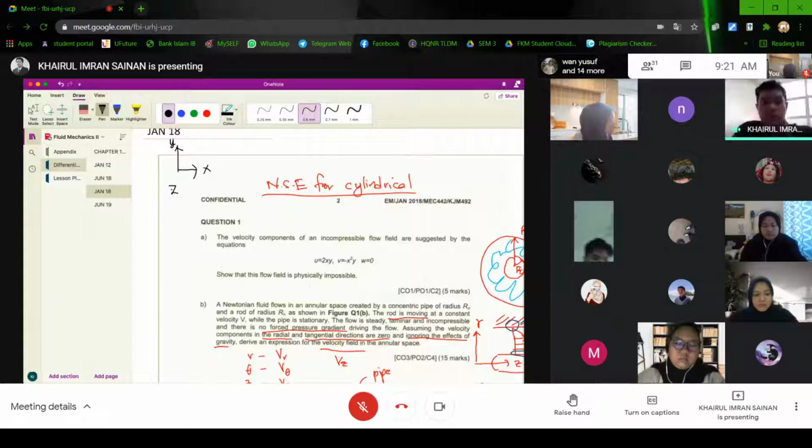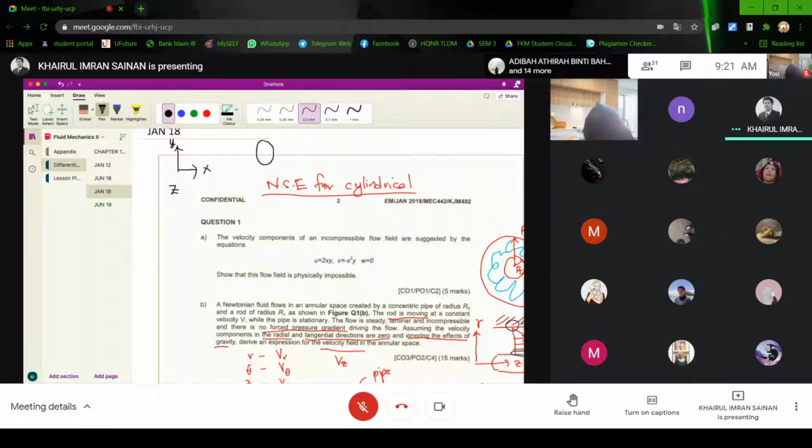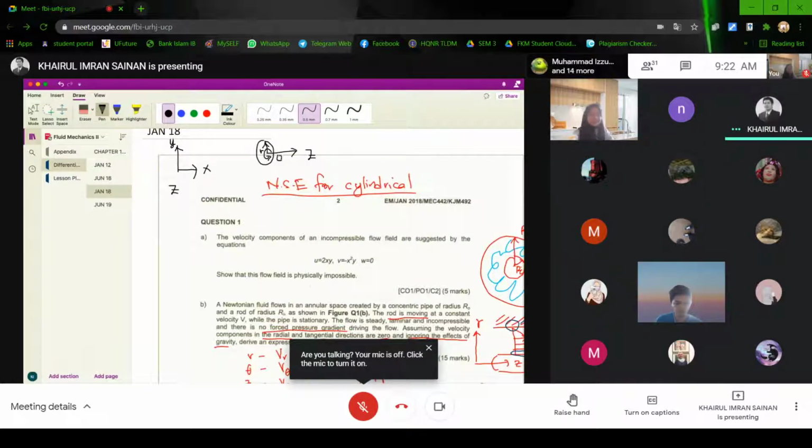But cylindrical coordinates is when you deal with a cylinder. You have the z direction, and you have r, which is the radius, and then you have the theta direction, which will be the rotational direction.